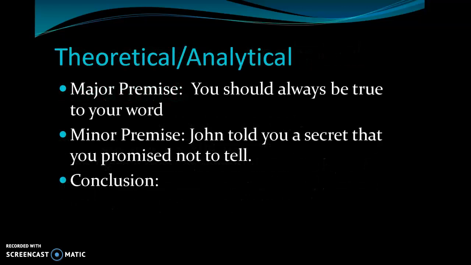So as an example, a way of dealing with a question in the world is if we have the major premise that we should always tell the truth and the minor premise, John tells us a secret and we promise not to tell, then the conclusion should be self-evident, right? We won't tell John's secret. In an idealized argument, it would work that way.